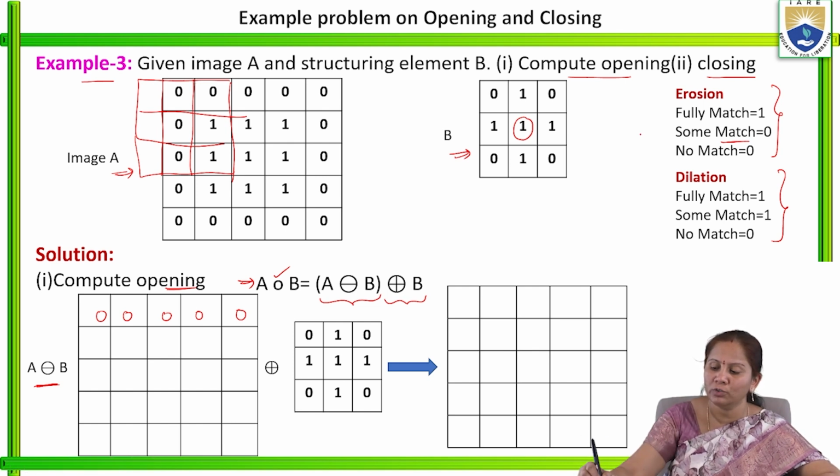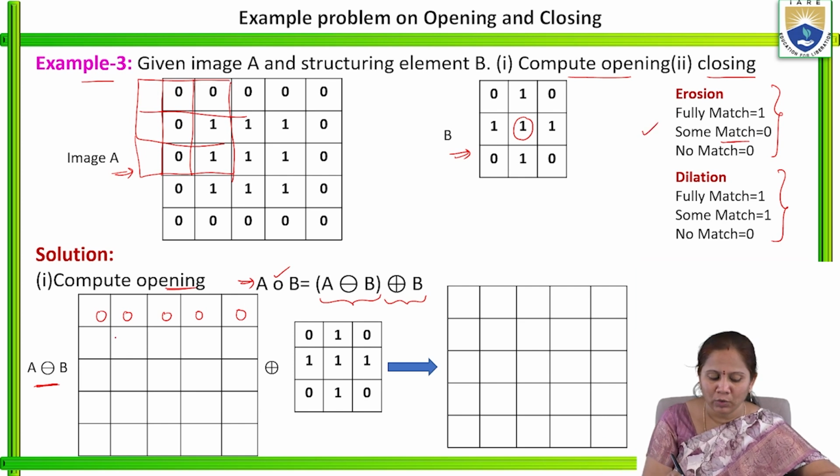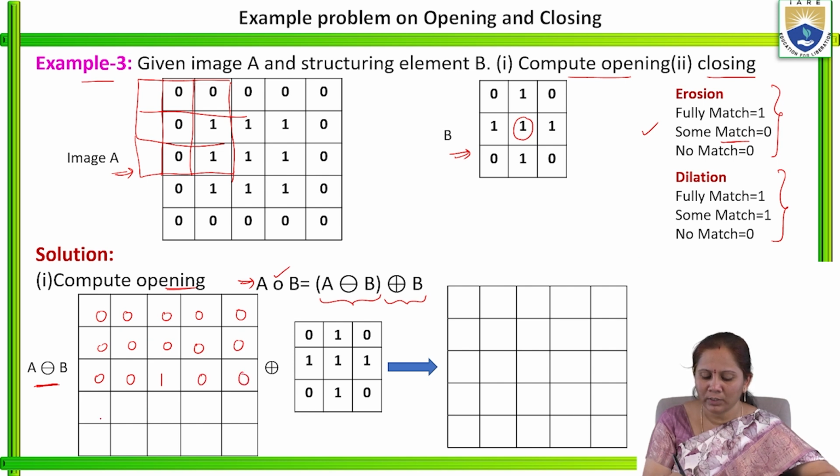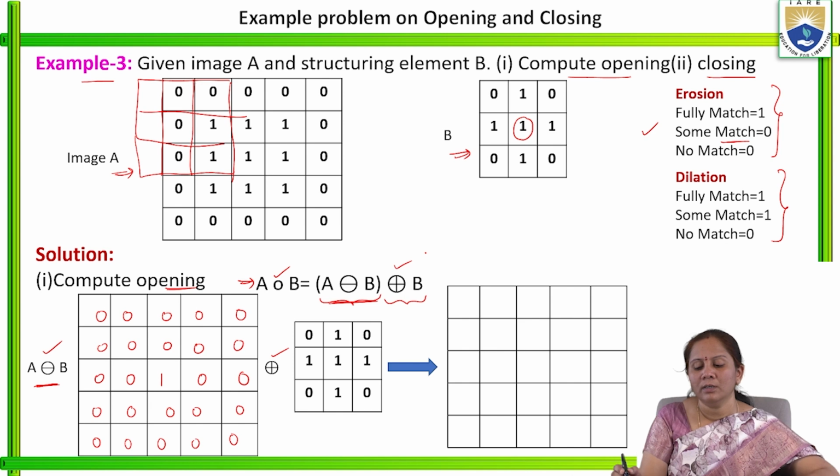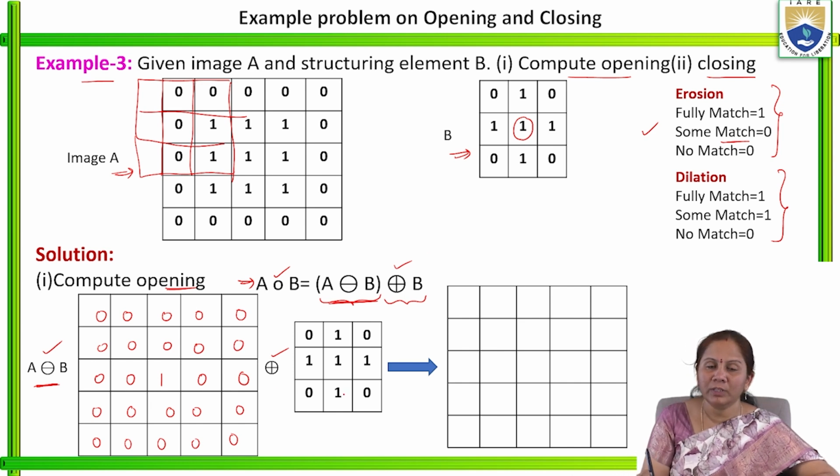Based on that, according to the erosion rule, the elements will become 0, 0, 0, 0, 0. And similarly here, third row 0, 0, 1, 0, 0, and remaining elements are zeros. So we have to shift the structuring element on this A. So after performing this operation, compute the dilation operation with B.